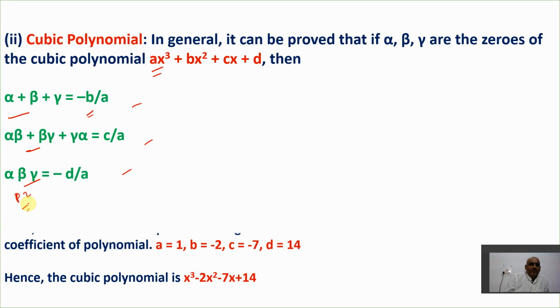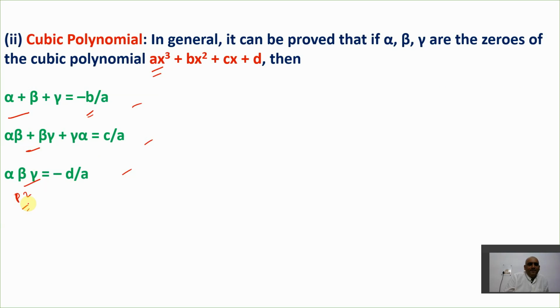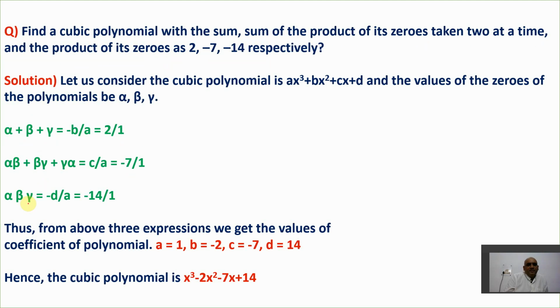So now let's solve the question directly here. You have a cubic polynomial with the sum of the product of its zeros taken two at a time, right?